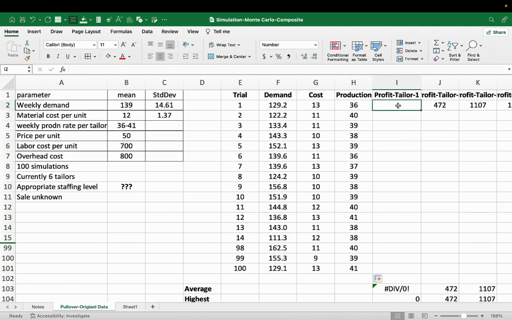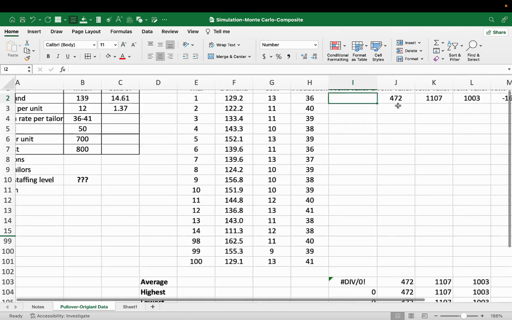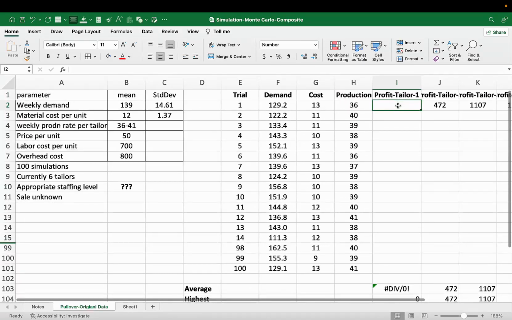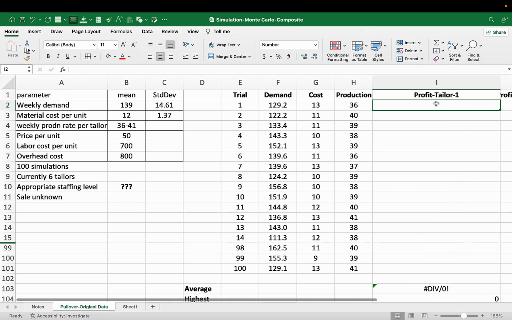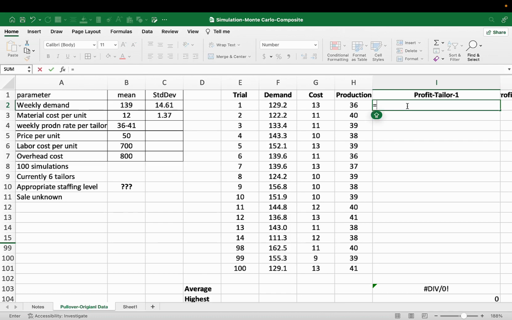Okay, now the last thing, one of the most critical things, is to calculate profit. We'll be calculating profit for different tailors, tailor 1, 2, 3, 4, 5 and 6. For this one, I'll be using this formula to calculate profit. The first thing will be to calculate our revenues.